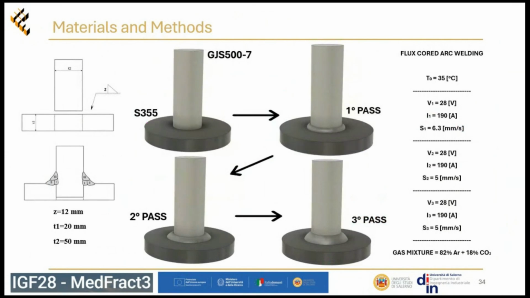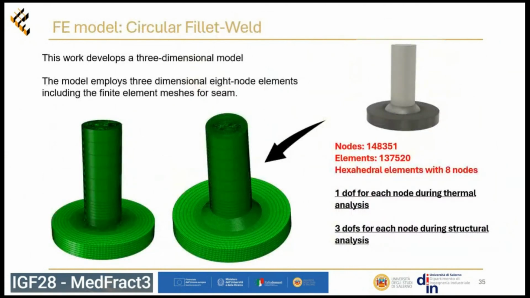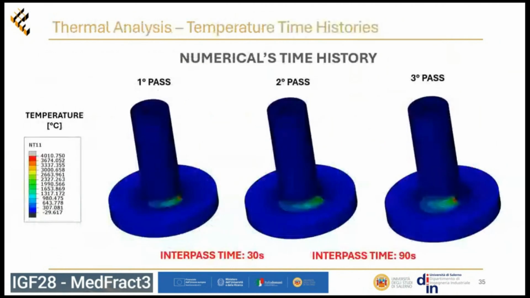For the fillet weld joint, the welding process in this case was completed in 3 passes with these welding parameters. And the 3-dimensional model more or less was created as in the previous case, so with the same elements and the same DOF during the analysis.